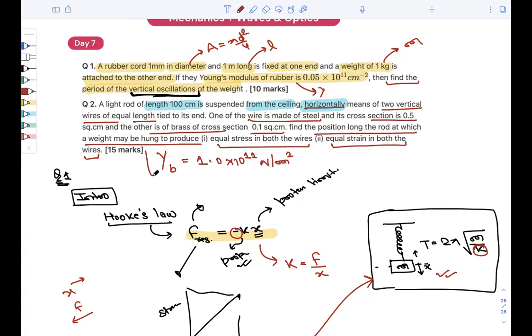Please add this information along with your question. It was misprinted here. And Young's modulus of steel was given as 2.0 into 10 to the power 11 Newton per meter square, right? It was a recent PYQ question. You can check it there also. It was mentioned there.